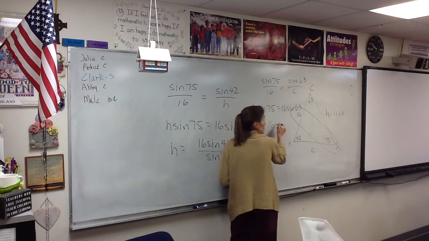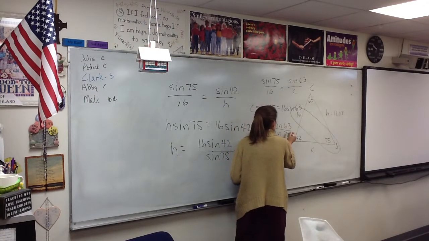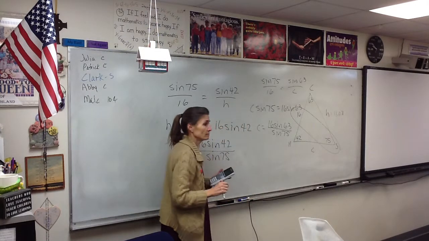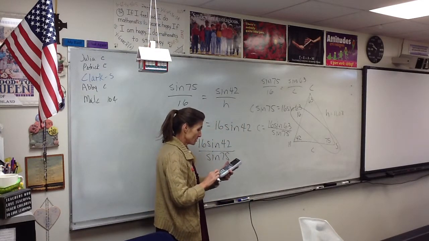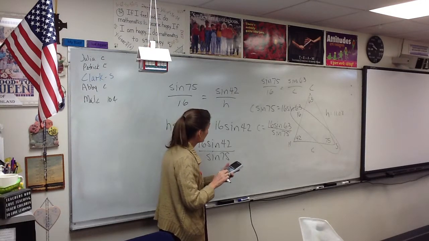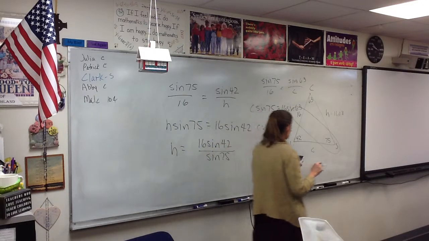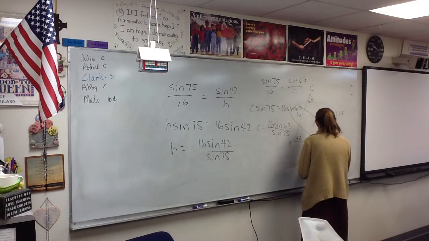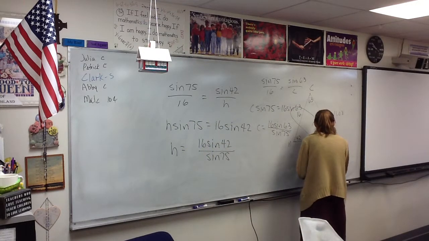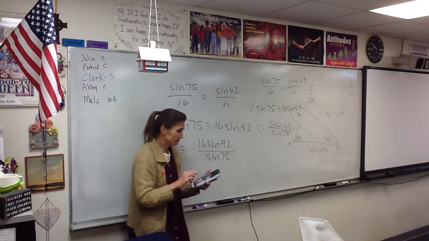And c equals 16 sine 63 divided by sine 75. So 16 sine 63 divided by sine 75. And that works out to be 14.76.